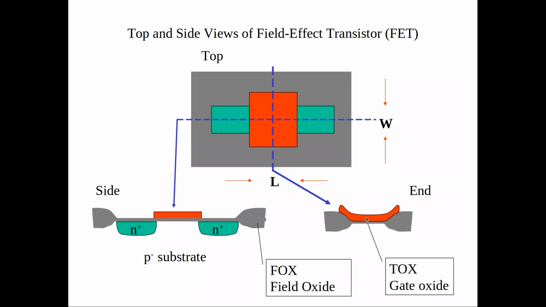The process is quite complicated. But this is just to remind you that it's a physical device that has some geometry and has imperfections. Every transistor, even though they're drawn identically on your computer, is different from each other.